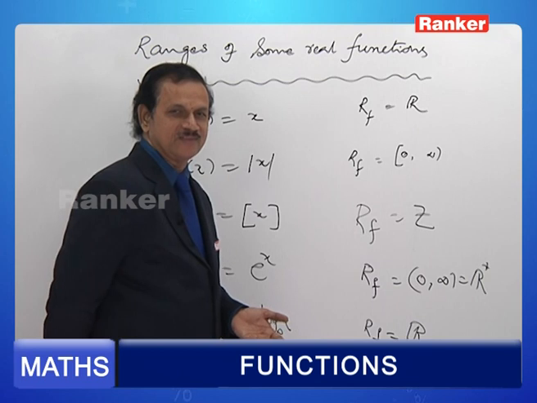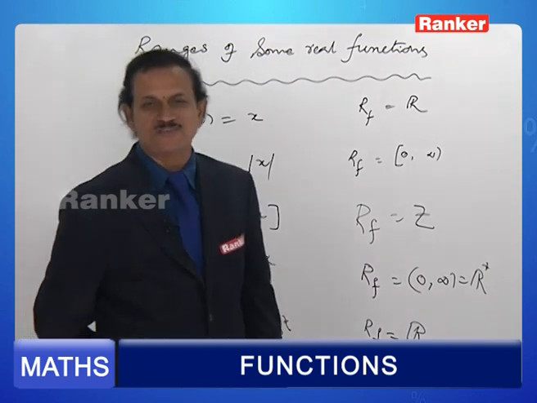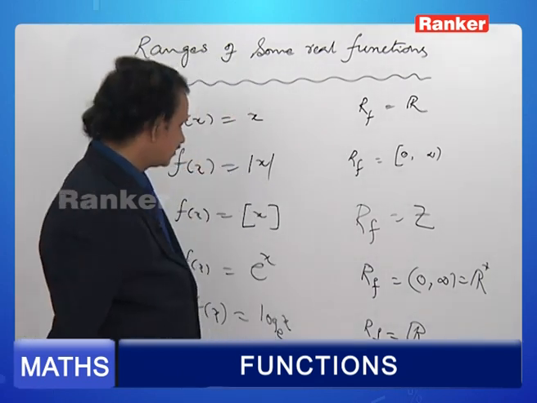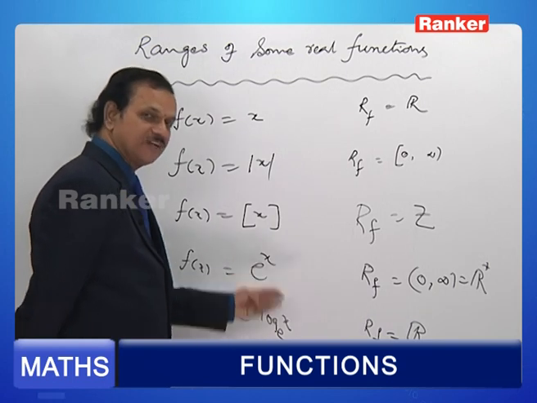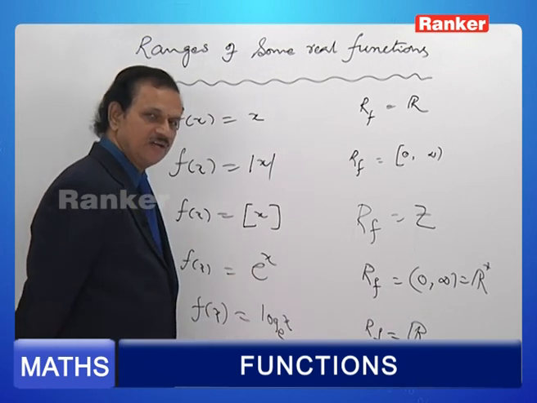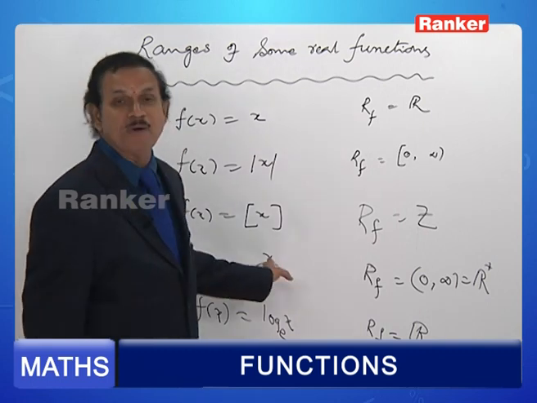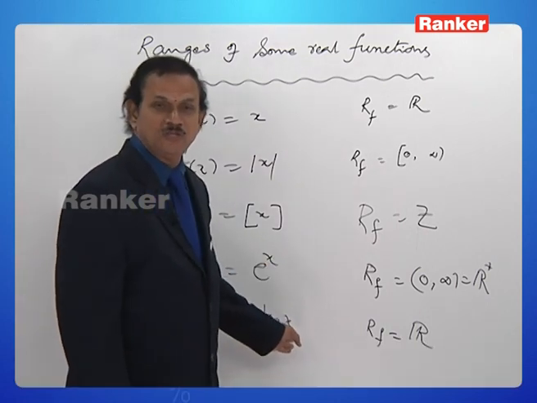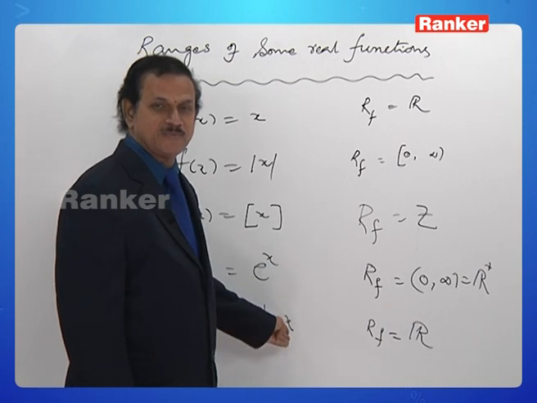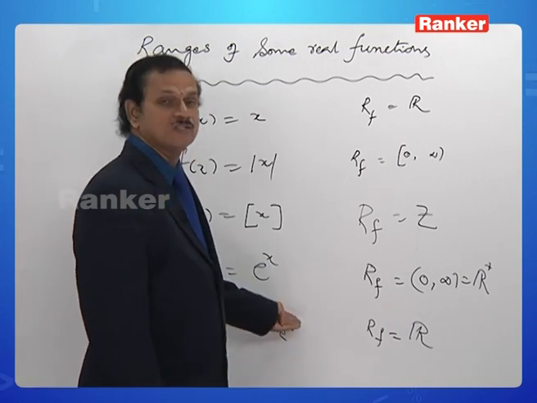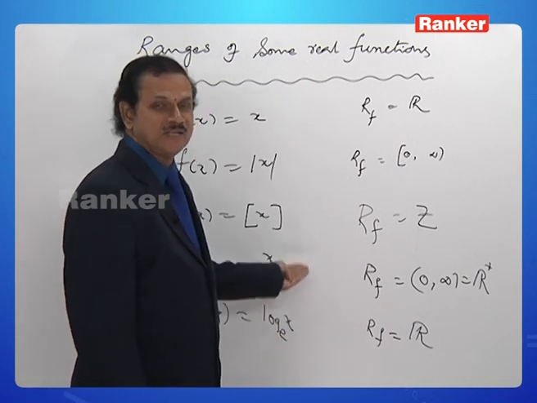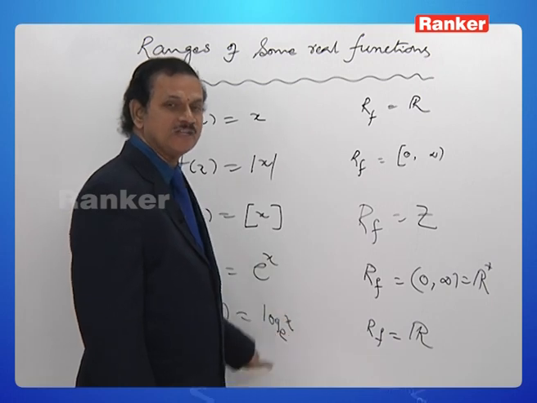They happen in the case of inverse functions. Of course, inverse of log x to the base e is e power x. You can state inverse of e power x is log x to the base e. Inverse of 2 power x is log x to the base 2. Inverse of 3 power x is log x to the base 3. Inverse of log x to the base a is a power x. Inverse of log x to the base 5 is 5 power x.